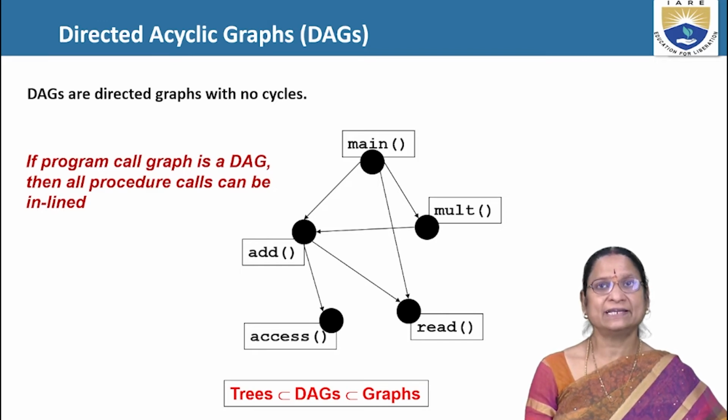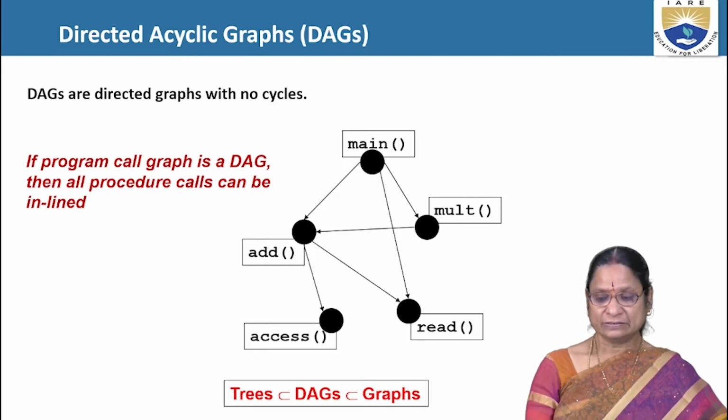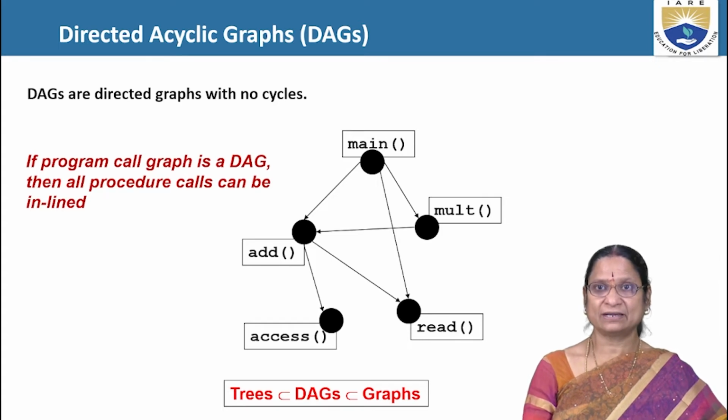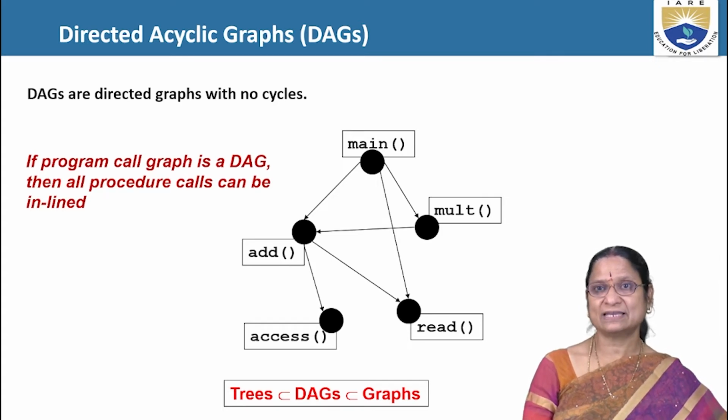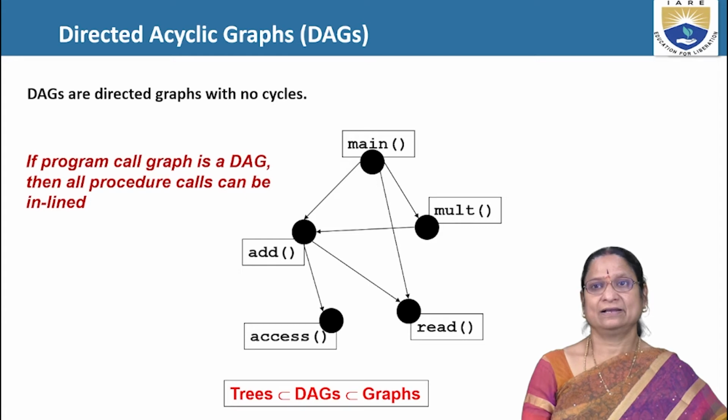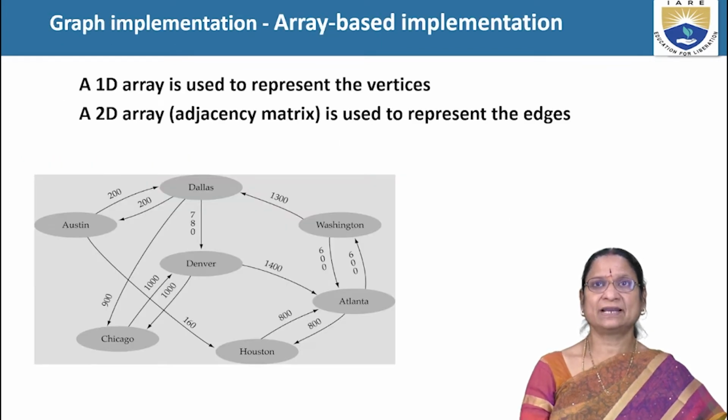Then we will get directed acyclic graphs. So trees are going to be subsets of directed acyclic graphs, because trees also don't have any cycles. Directed acyclic graphs also don't have cycles, but trees are further restricted. The restriction is that from the root, each node must be accessible.